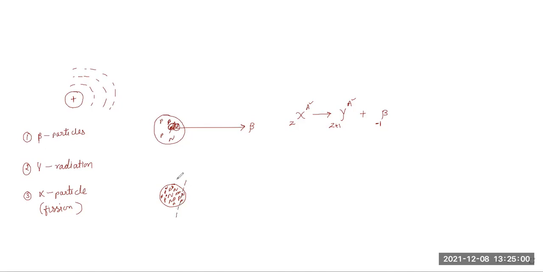From its existing structure, it separates out a nucleus which has two protons and two neutrons. Now we know this is a helium nucleus. Why the helium nucleus is selected is because helium is the first inert gas element.